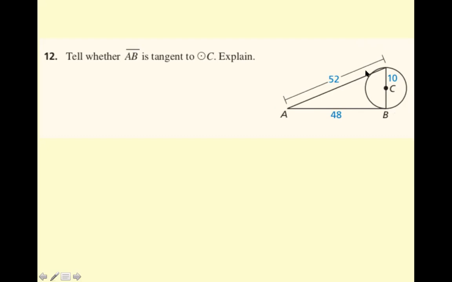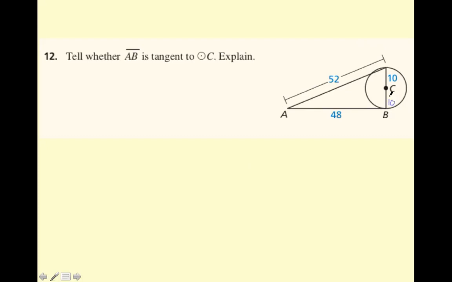I know the hypotenuse is 52. To figure out the length of this side here, it looks like I know a radius is 10, and that means this piece right here would also be 10.